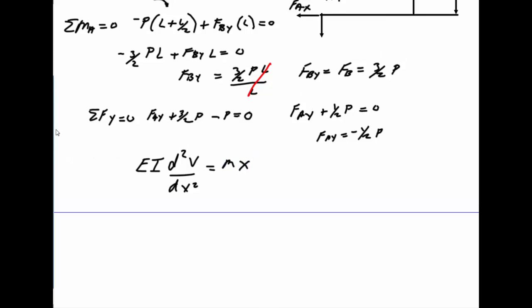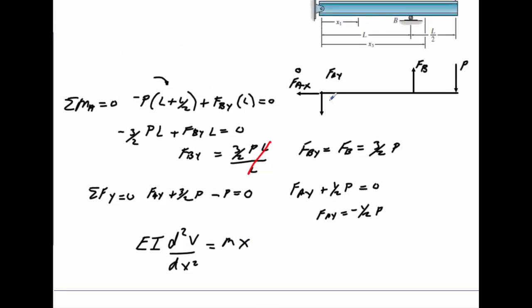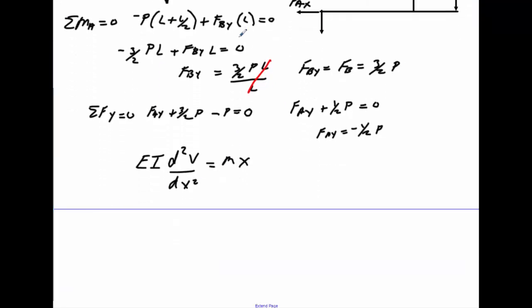Alright, so here you're going to have to really set up two of them. We're going to start right here, and we're going to draw a small section of the beam itself. I have a force coming down. This is P over 2. We're going to let this distance here be x.